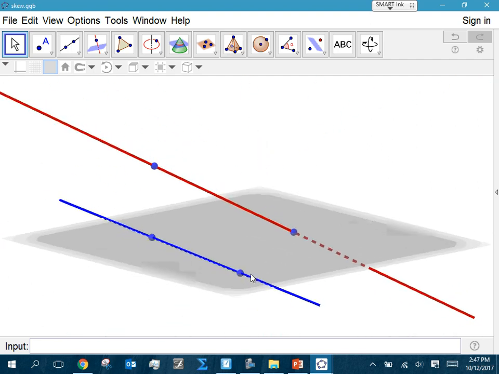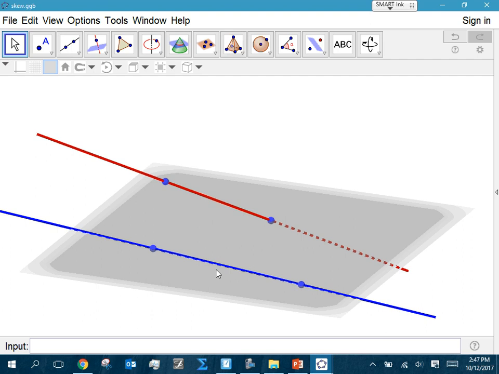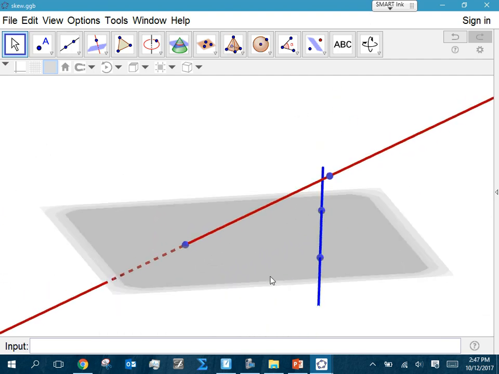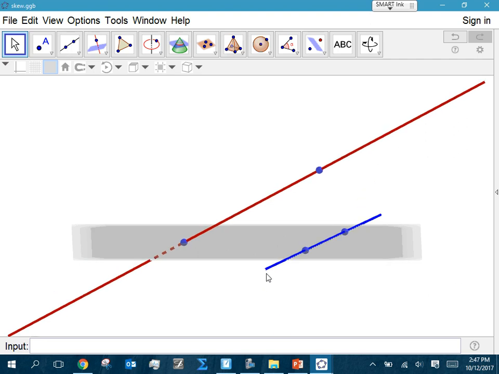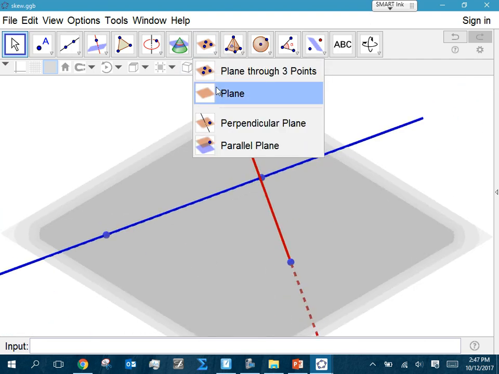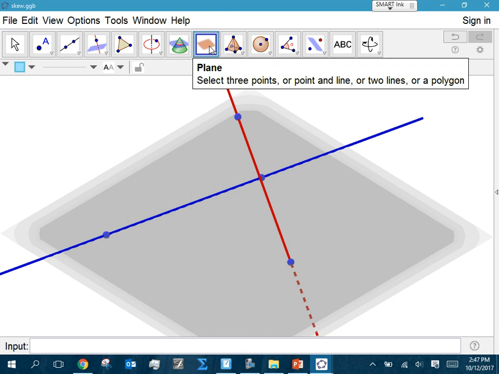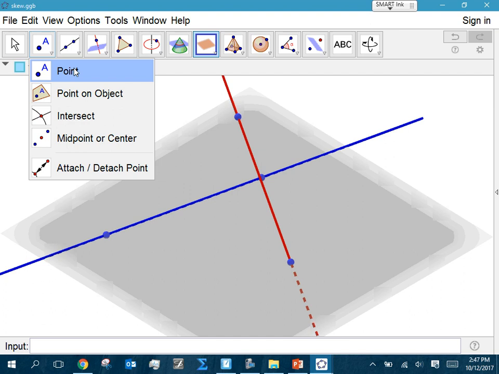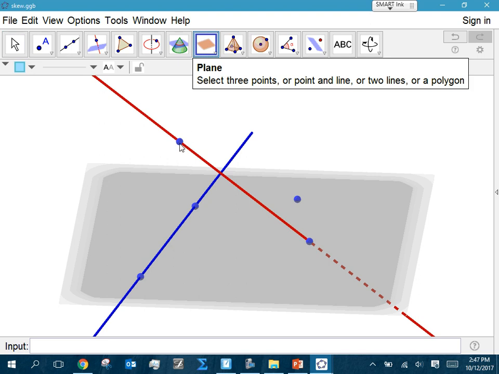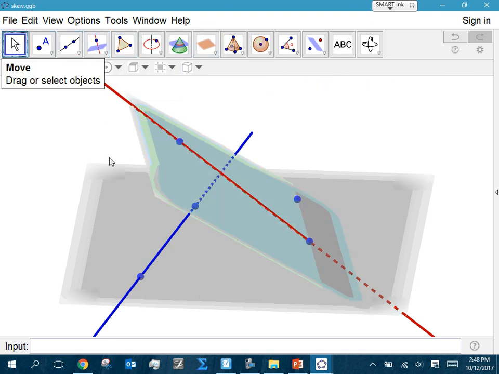These are non-coplanar because you can see the gray plane is a plane that contains the blue line. I'm going to need another point here, so let me select a plane with three points. I put a point there, select that point and that point, and now I get another plane.